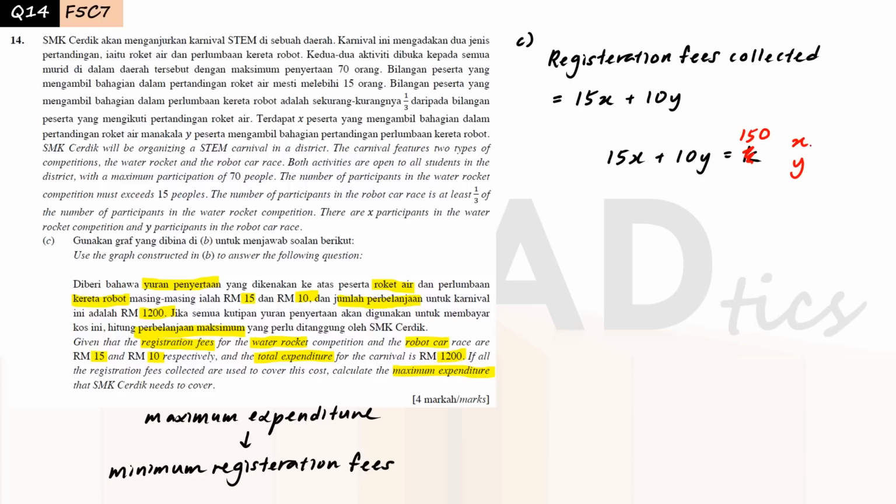Okay, so here let me find out the x-intercept. If I put y equals to 0, x equals to 10, and if I want to find out the y-intercept, here the y value would be 15. I'm going to find these 2 points on the graph and draw the line, and then we are going to find the minimum registration fees collected.